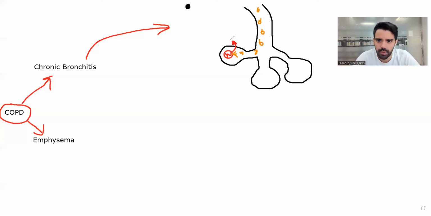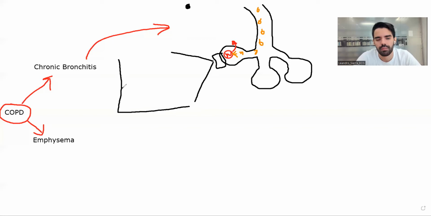So this production of inflammatory markers is going to further produce a thickening in this wall. If we extrapolate this wall, we can see that the wall will have many levels, but basically three.